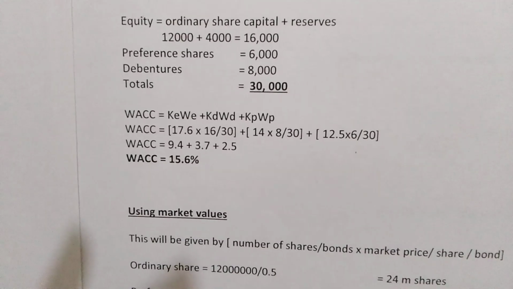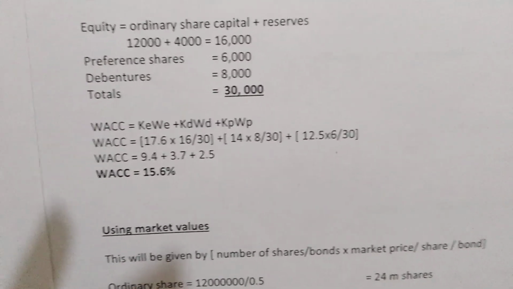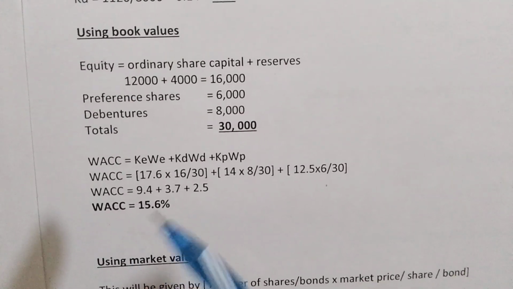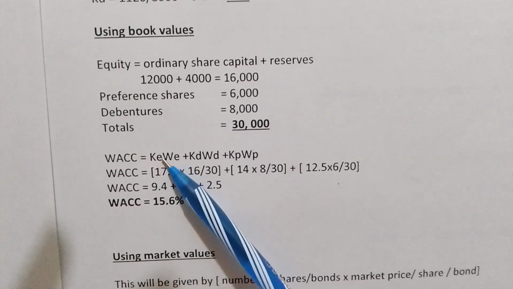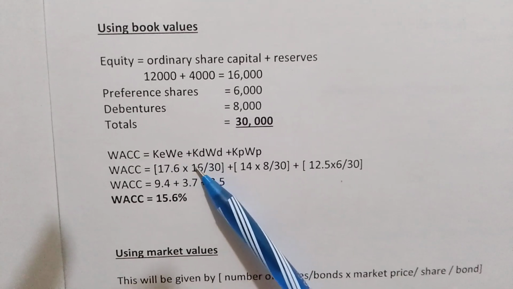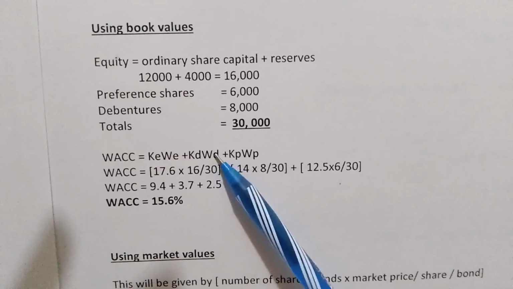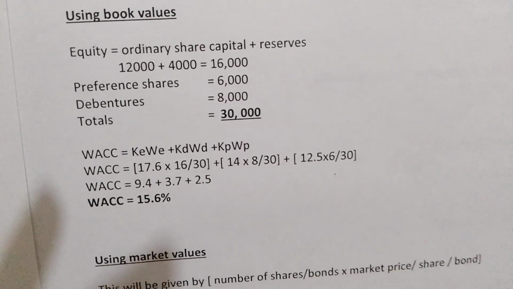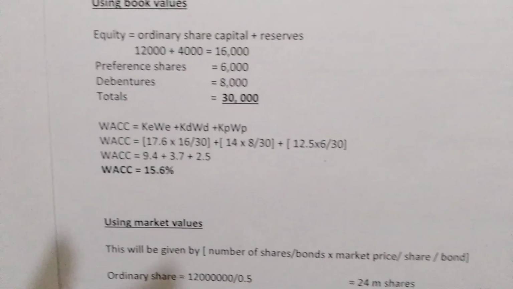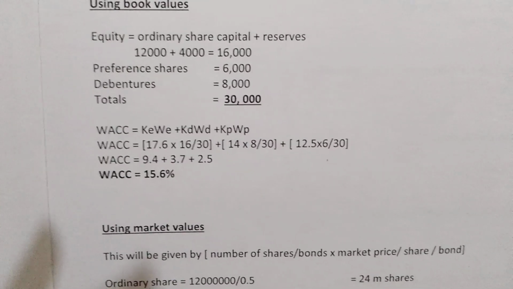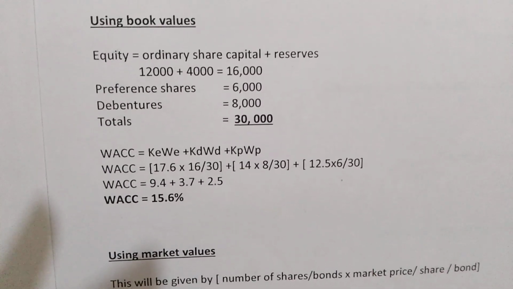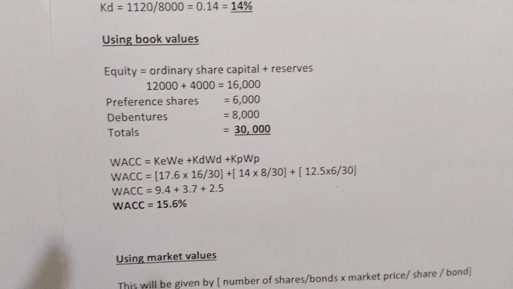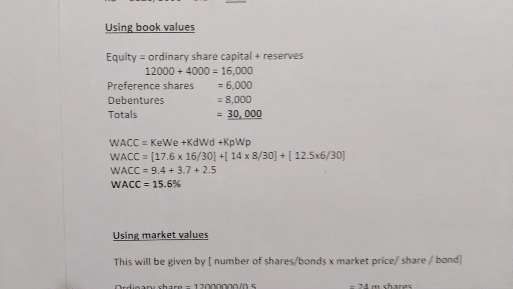How do we calculate WMCC? WMCC, I've said, is given by cost of equity times weight of equity, plus cost of debt times weight of debt, plus cost of preference shares times weight of preference shares. Remember the costs which we have calculated.